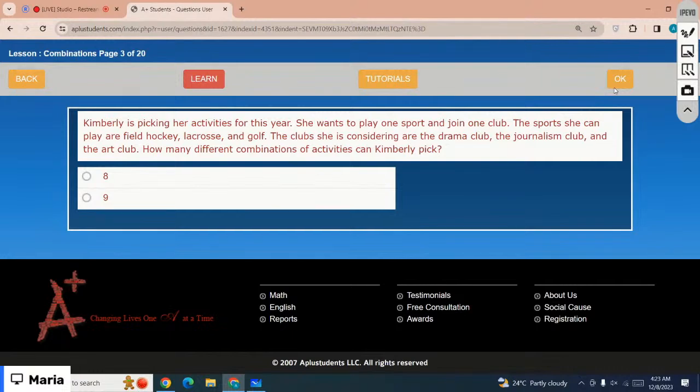The correct option is 9. It is right. 3 times 3 equals 9. She can have a total of 9 options. The correct option is 9.